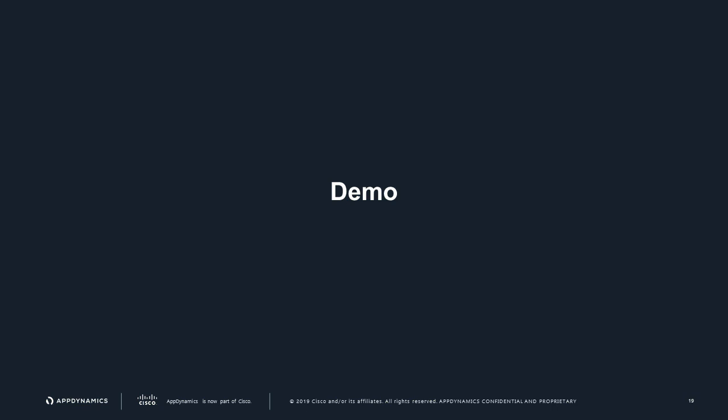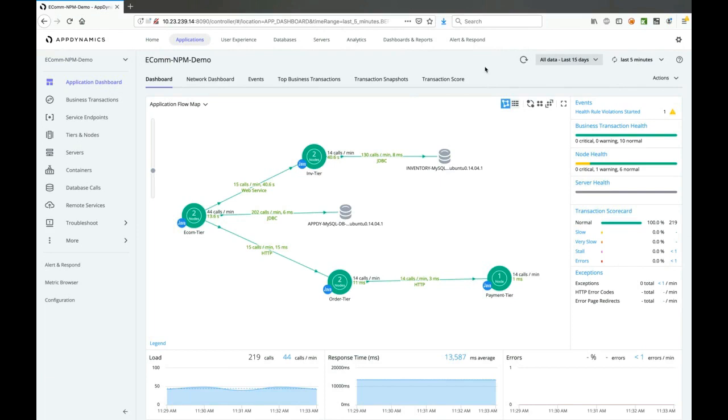So let's move on to the AppD controller, where this application is reporting its metrics. If you see here, this application has four different tiers. The e-com tier is the front end, and it has the inventory tier, which has the inventory services providing the list of books that are there in the inventory.